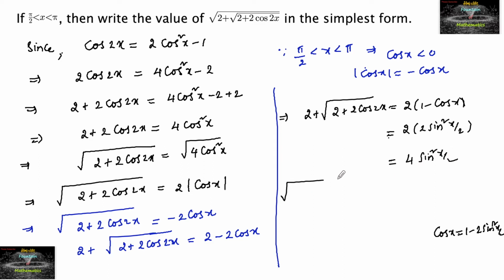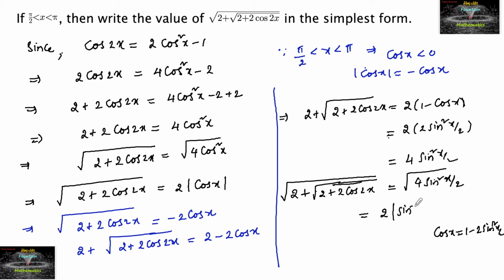So 2 times 1 minus cos x is 4 times sin square x by 2. Then applying root on both the sides, 2 plus root over 2 plus 2 cos 2x is equal to square root of 4 sin square x by 2. So square root of 4 we can take 2, and square root of sin square x by 2 we can take mod of sin x by 2.